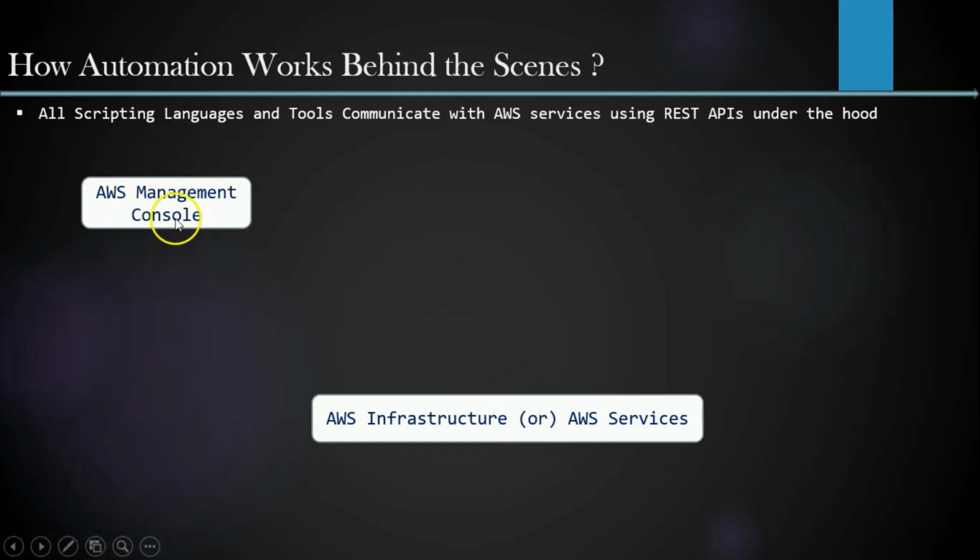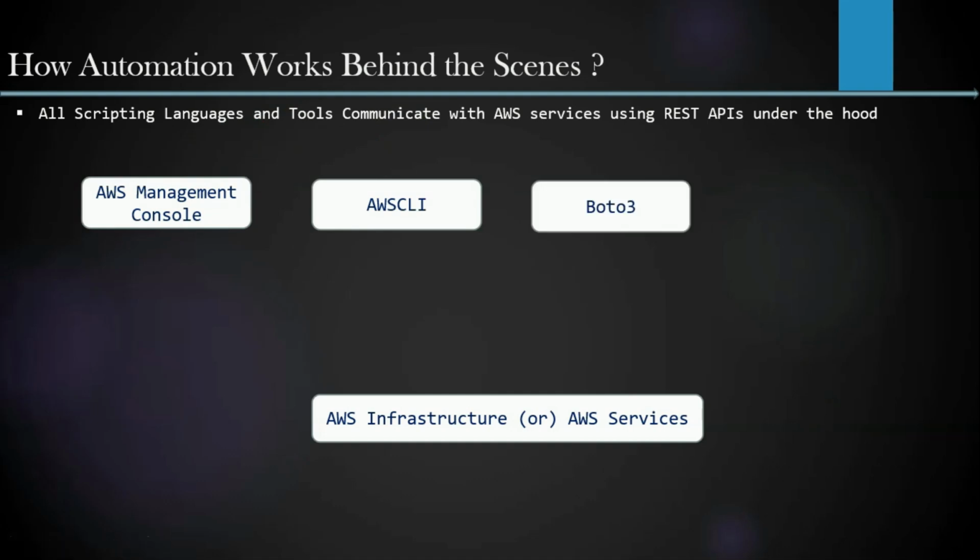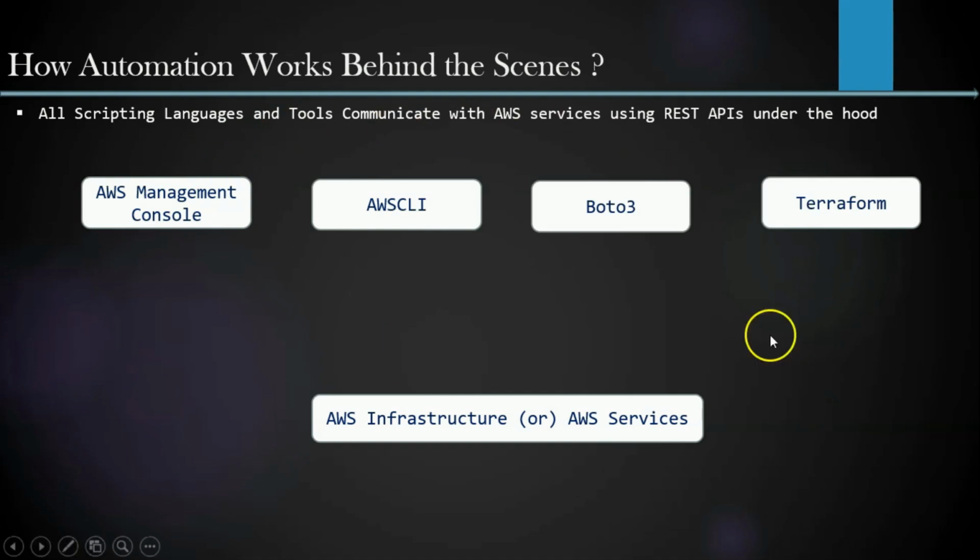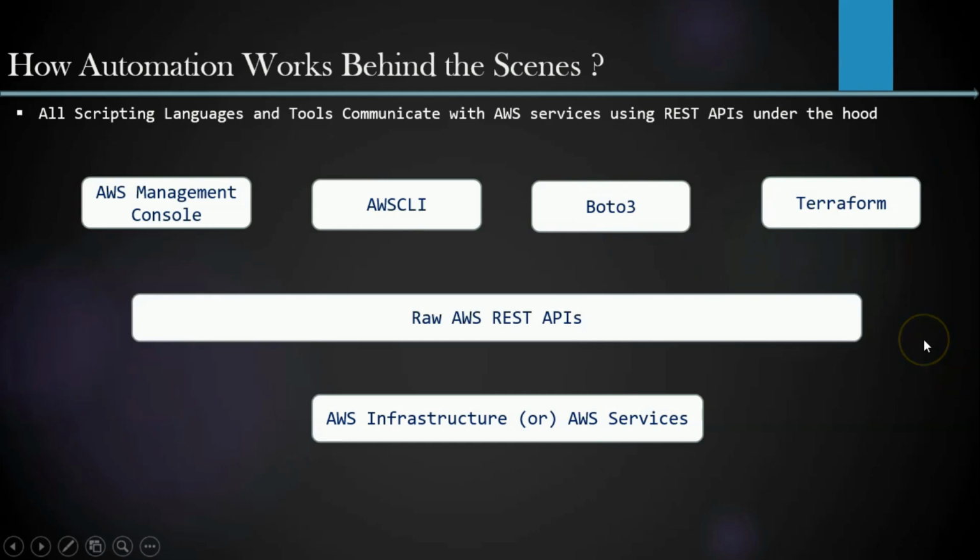But apart from the AWS Management Console, we have some other tools like AWS CLI, Boto3, Terraform, Ansible, right? Here, the important point is either the AWS Management Console or AWS CLI or Boto3 or Terraform, or even if you have any other tool to communicate with your AWS infrastructure, all are internally using raw AWS REST APIs. Simply, all these tools use raw AWS REST APIs to communicate with your AWS infrastructure.